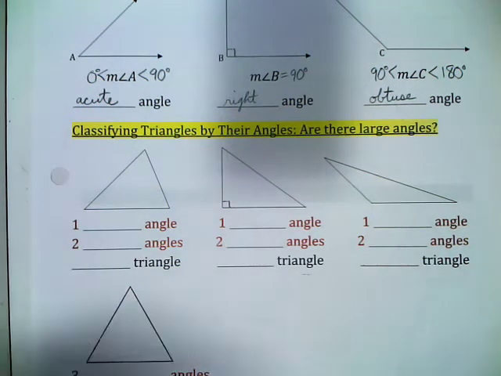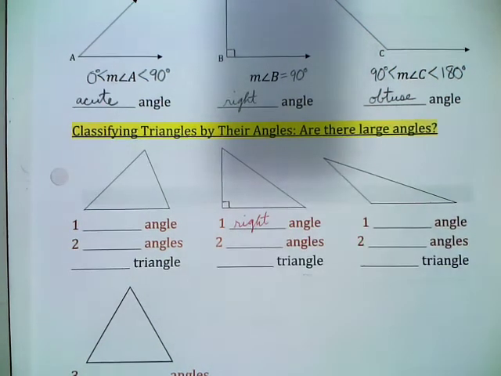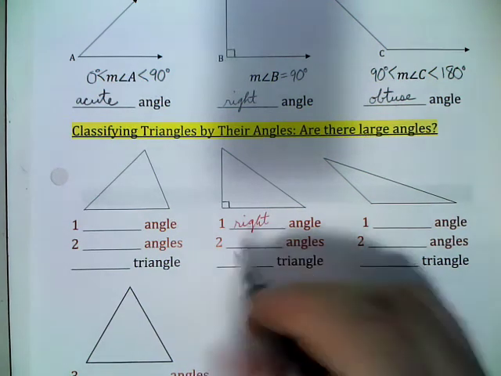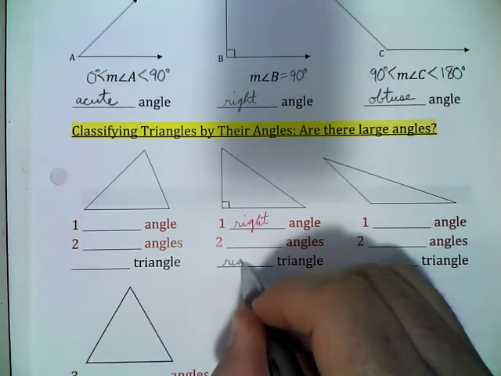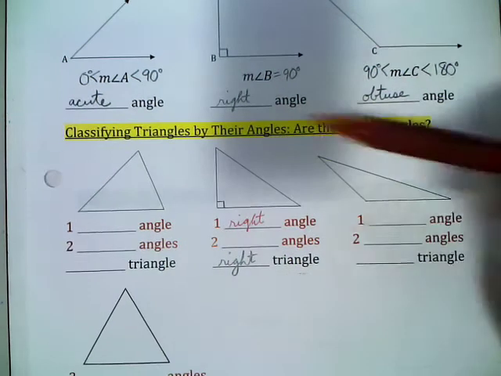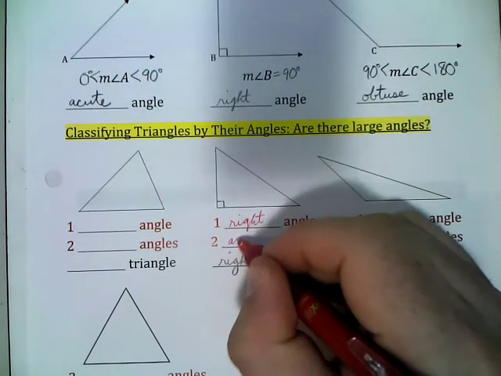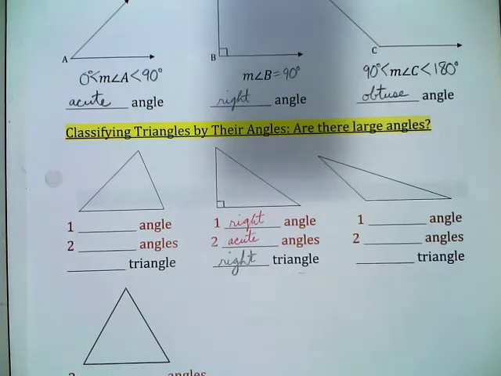So this triangle right here has one right angle. And because of that, it's called a right triangle. If we take a glance at the other two angles here, what kind of angles are those? Well, the other two are acute.